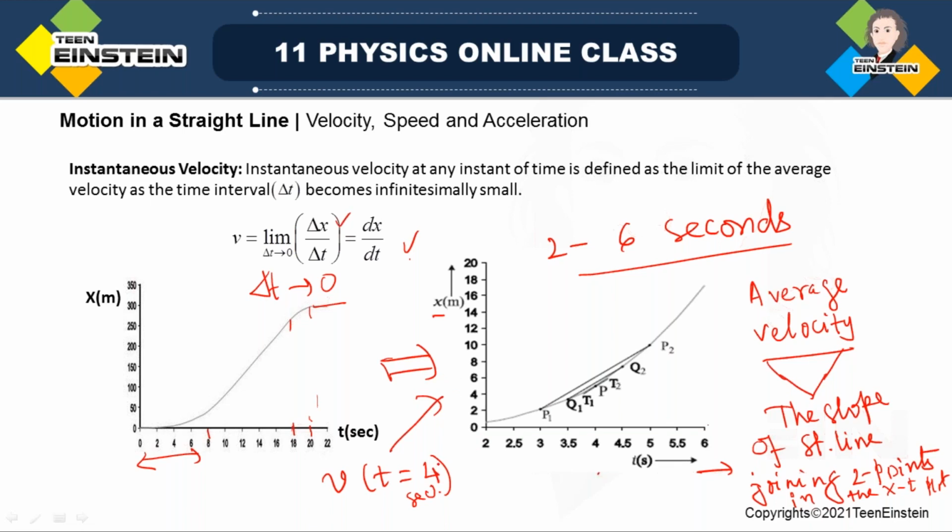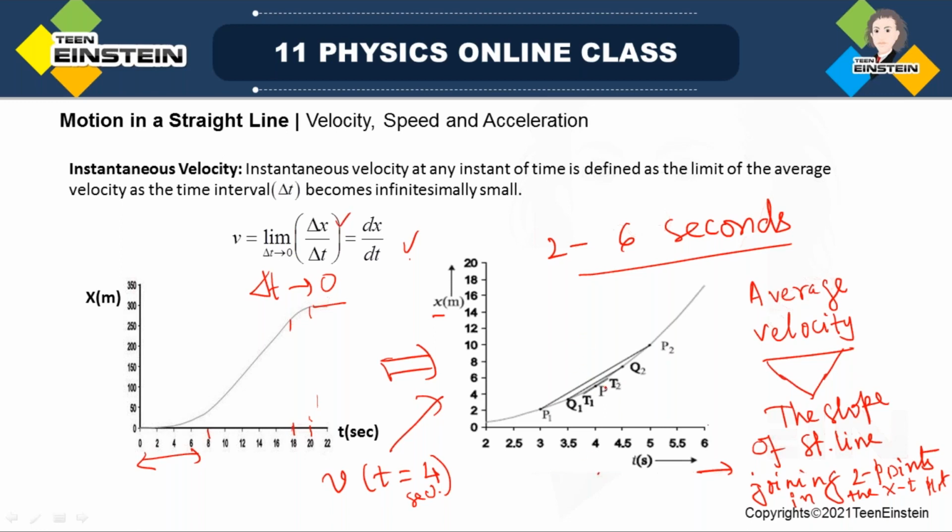So at the 4th second, I want to calculate the velocity of the car at the 4th second of its motion. If we want to do that, first of all we have to find the average velocity, then we have to decrease the time interval delta t towards 0. Then we'll be able to get a proper graphical representation of instantaneous velocity.